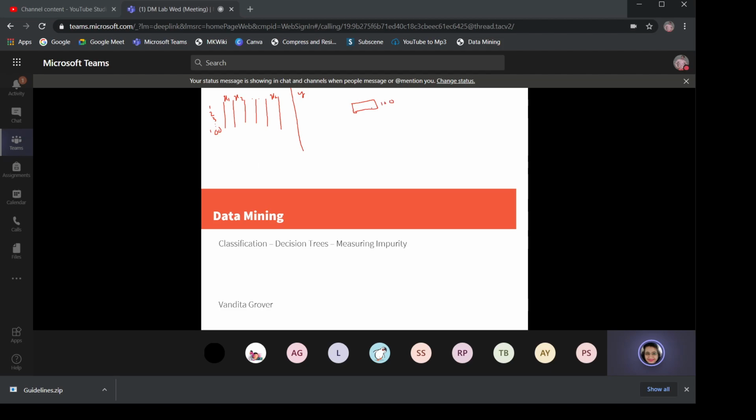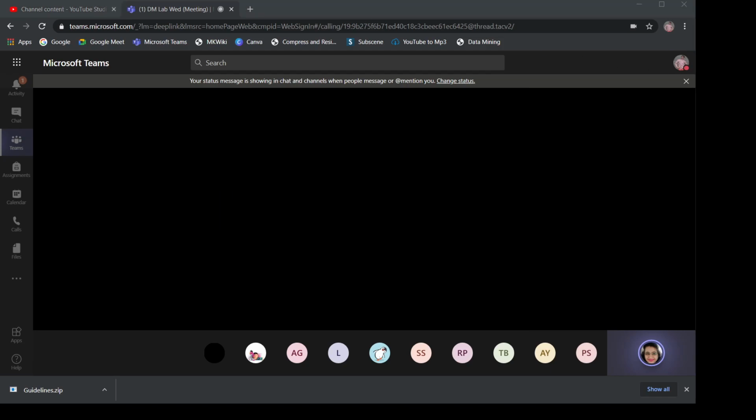Now how to split them? Should I split them on x1? Should I split them on x2, xk, x3? I don't know. So I will somehow compute and find out which attribute is giving me the most pure information, which is helping me decide which class this particular record belongs to.